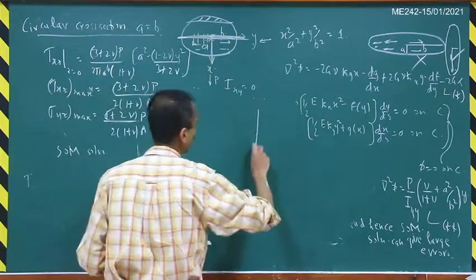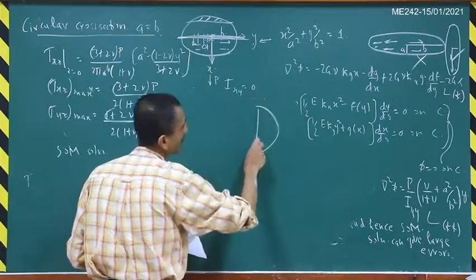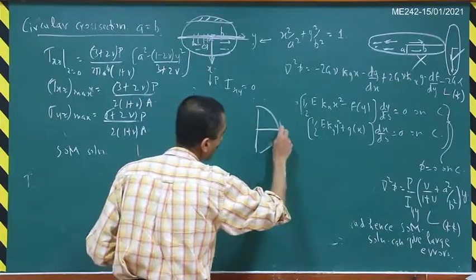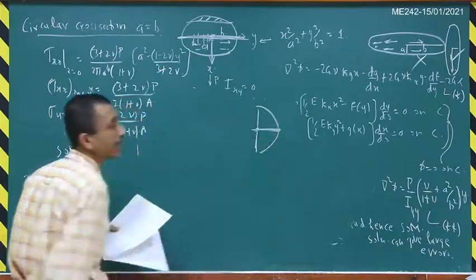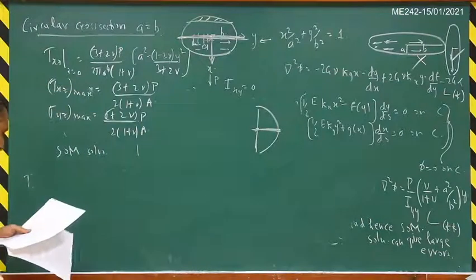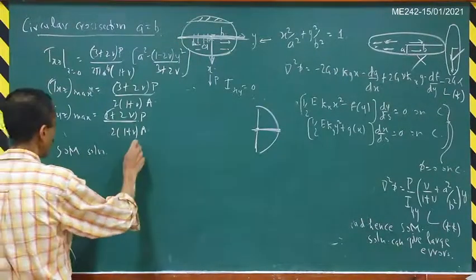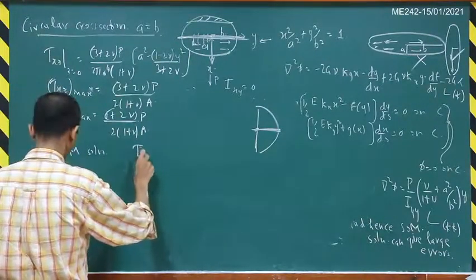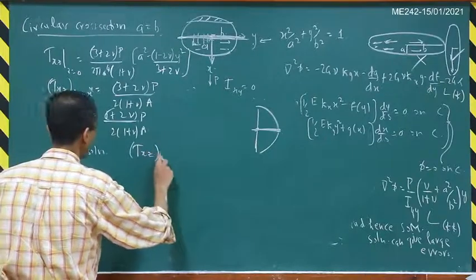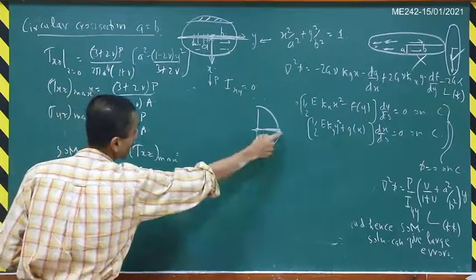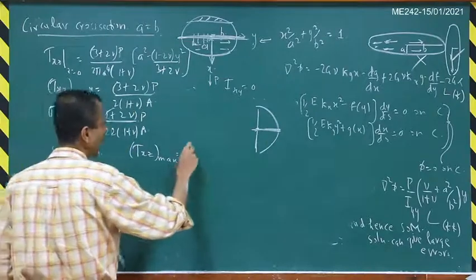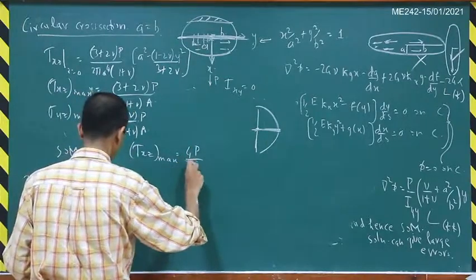So if you draw this cross section, the shear stress distribution is of this kind, and at the center you will get the maximum shear stress. Here, according to your SOM solution, you will get tau xz max at the center. According to that VQ by IB formula, you will get 4P by 3.